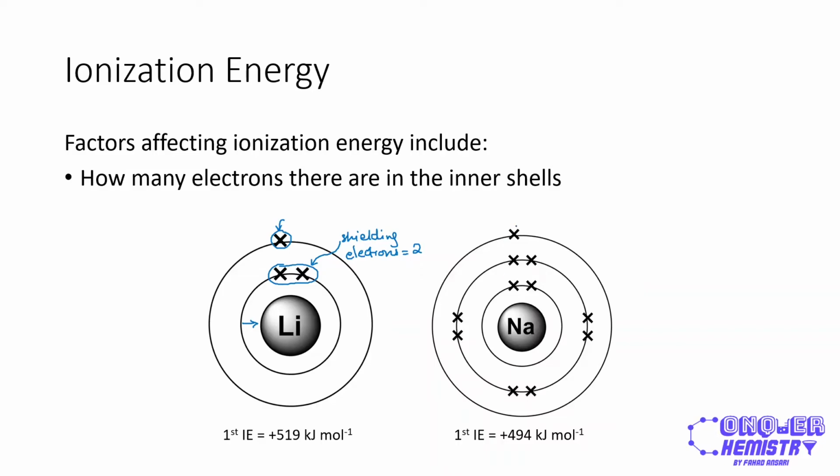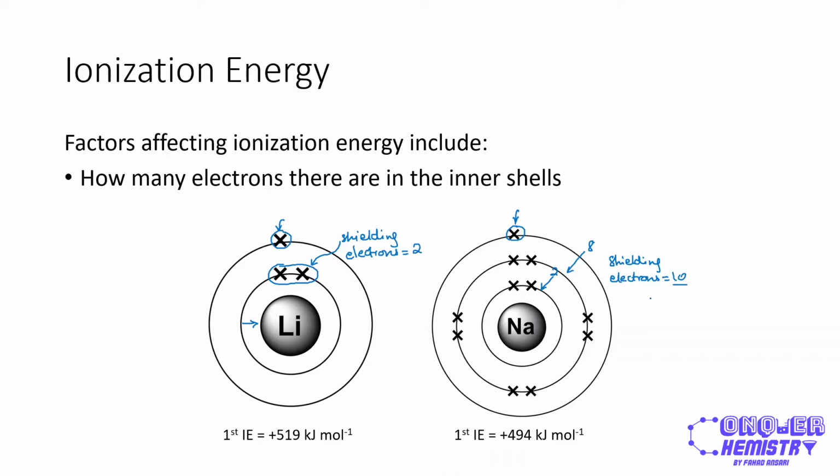Now this electron that needs to be removed has quite a few shielding electrons. So instead of just having two, you have 8 in the second shell and you have 2 in this first shell. So shielding electrons for the sodium atom turns out to be 8 plus 2, that gives you 10.